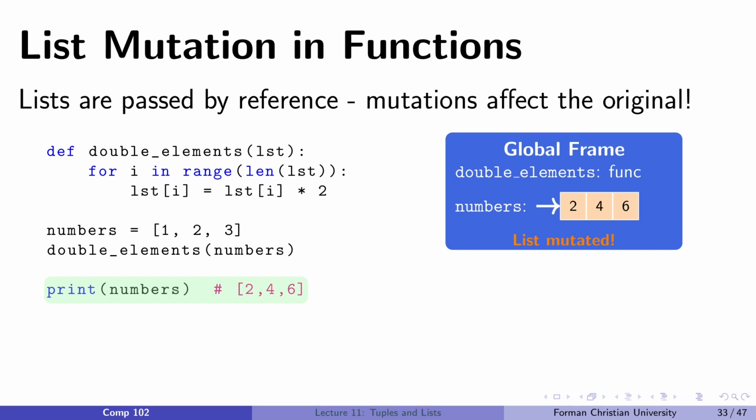But the important thing to note here is that the mutation is persistent. Even after the function, if you print the original numbers list, then you will see that it has been modified to new values, 2, 4, and 6. So why is that? Because numbers still points to the same object, and print(numbers) gives us 2, 4, and 6.